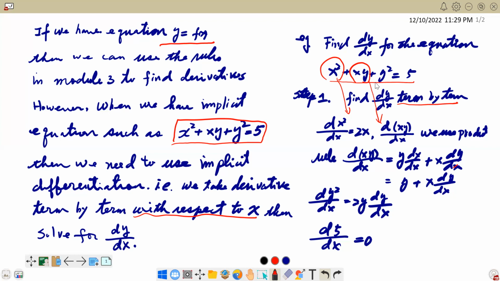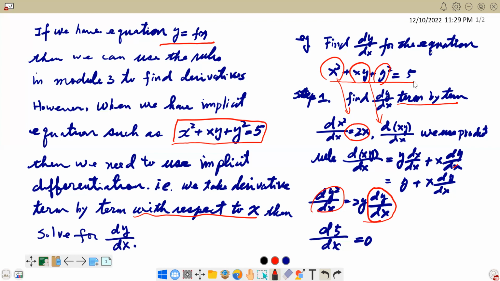Then the last one, the y squared term. For y squared, we get 2y dy/dx. Remember, y is a function of x, so you always have the term dy/dx. Now for x squared, you only get 2x.